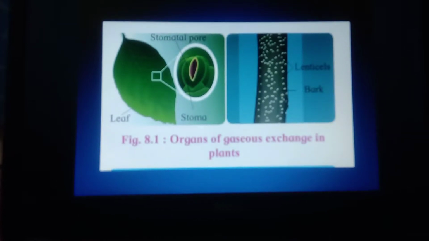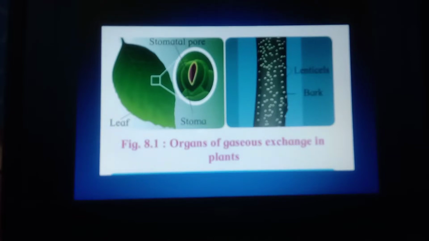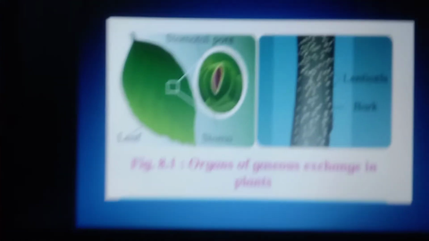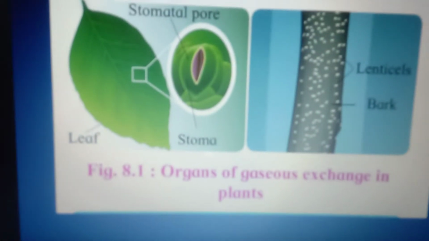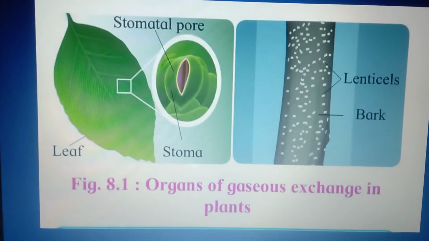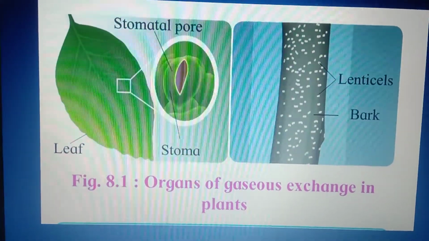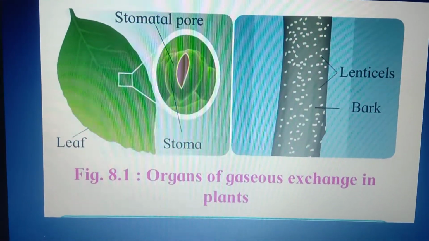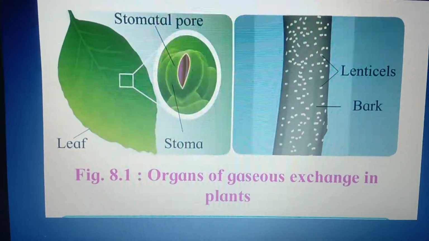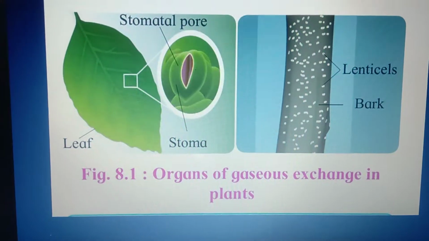The stomatal pores are shown in the given diagram, which gives us an idea about the presence of stomata. On another side, on the surface of a stem, the small openings shown are called lenticels. So this is about the organs of gaseous exchange in the case of a plant.